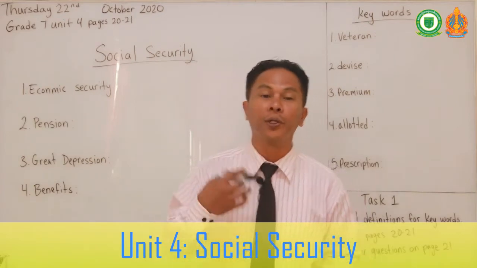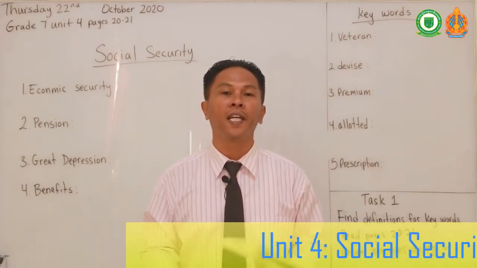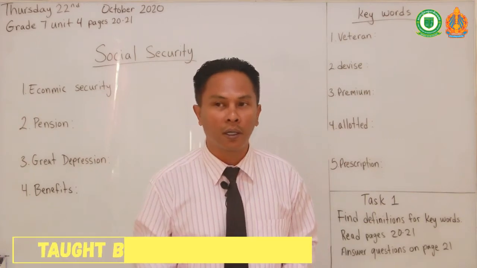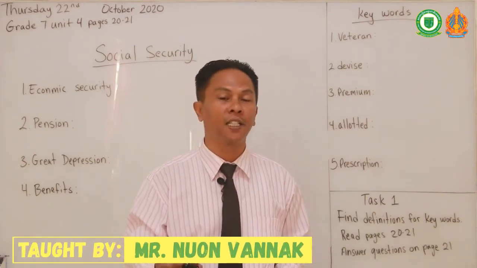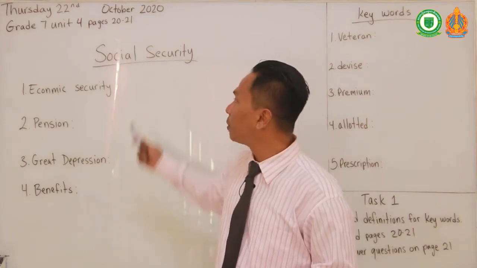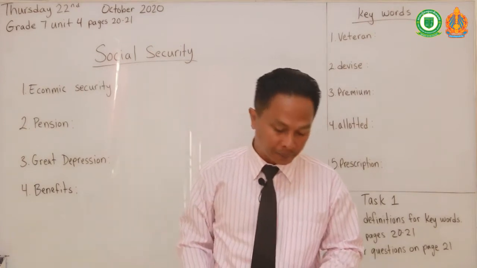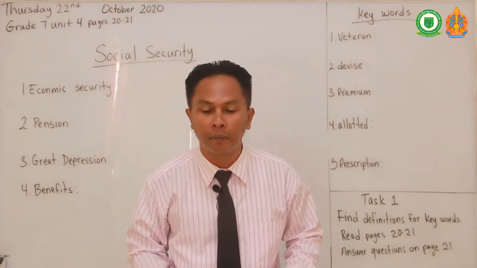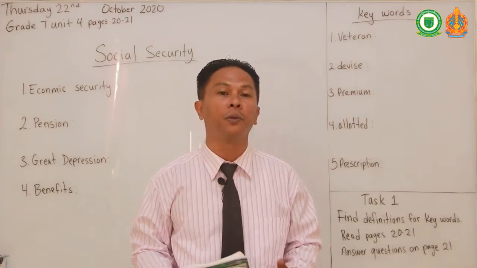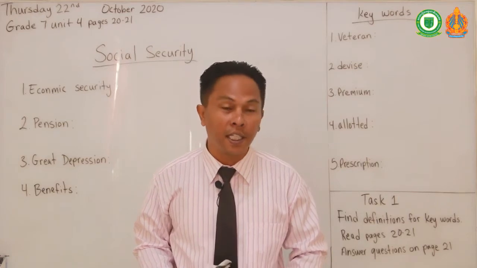When you get older and reach the age where you are allowed to work, you're supposed to be paying taxes, and those taxes go towards Social Security. Social Security is a program for when you become a senior citizen.